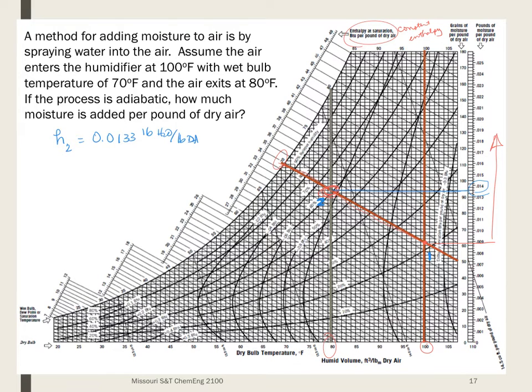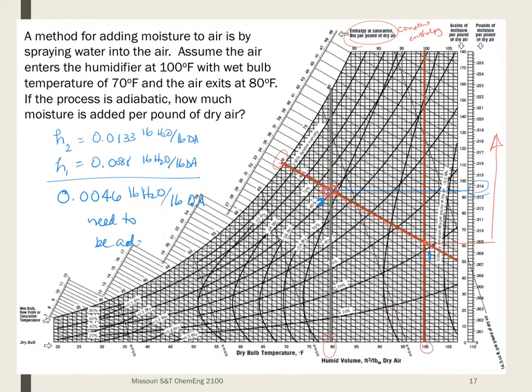And the initial looks like it was about 0.0088 pounds of water per pound of dry air. And if I subtract these, then 0.0046 pounds of water per pound of dry air need to be added to achieve this cooling.